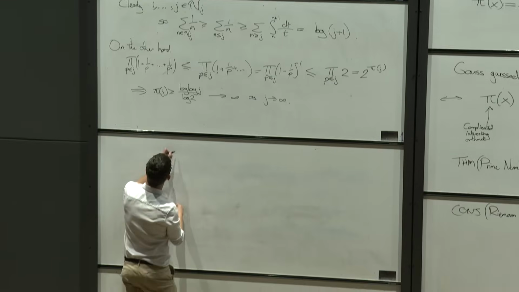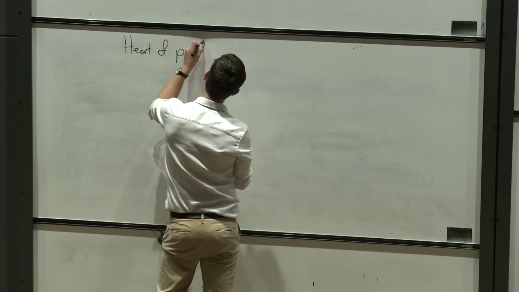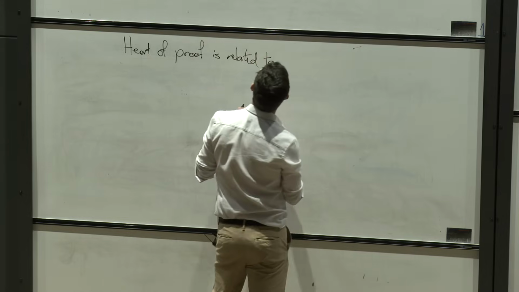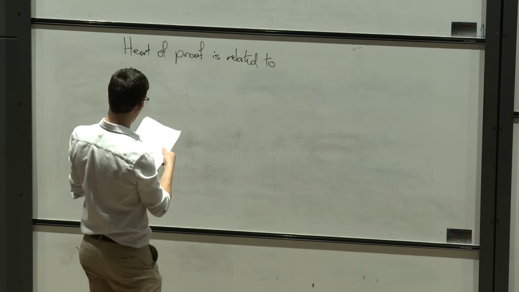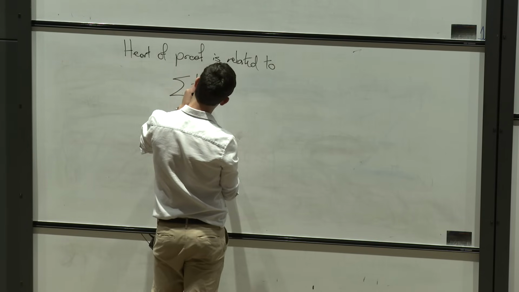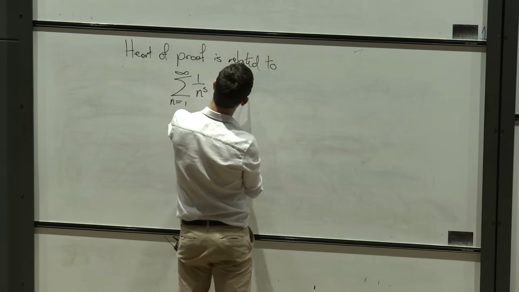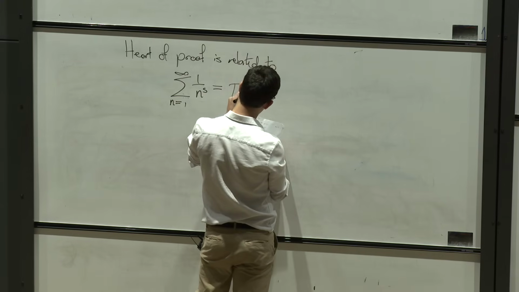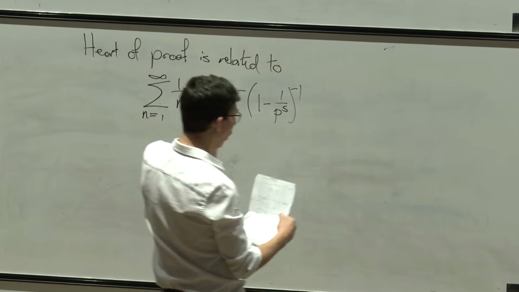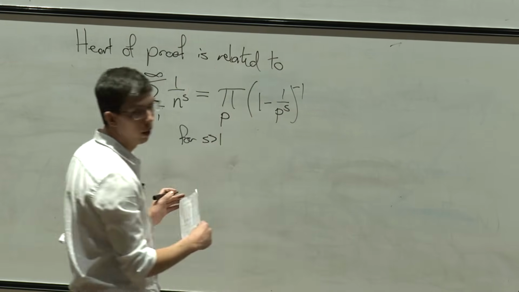But the heart of the proof is related to what's known as Euler's identity, that the sum over n to the power s from n equals 1 to infinity is equal to the product of all primes p of 1 minus 1 over p to the power s, all to the minus 1, for s bigger than 1.